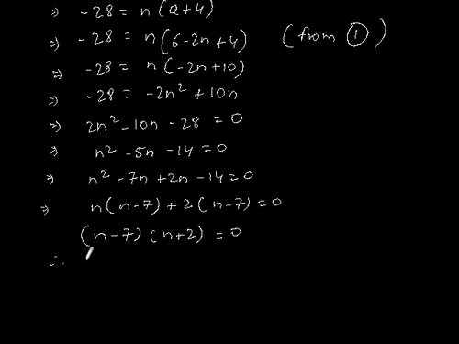Therefore, we can say n minus 7 is equal to 0 or n plus 2 is equal to 0, which implies n is equal to 7 or n is equal to minus 2.